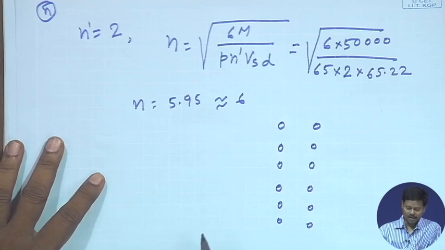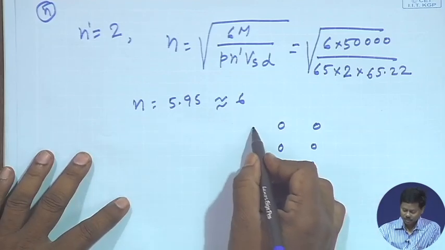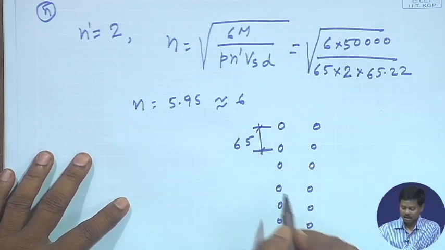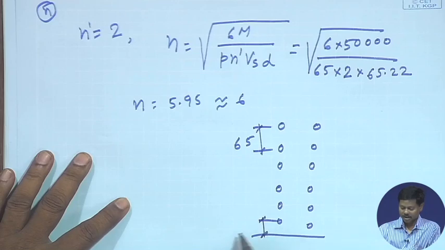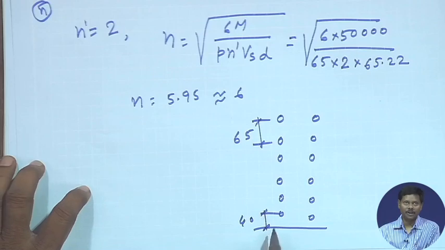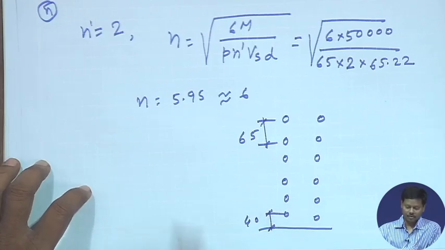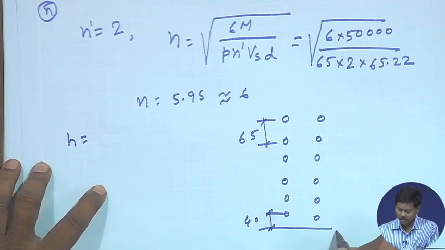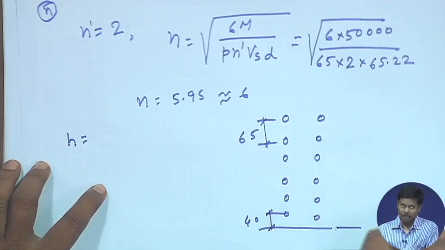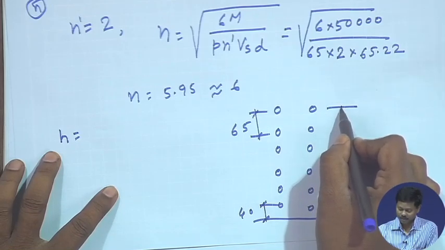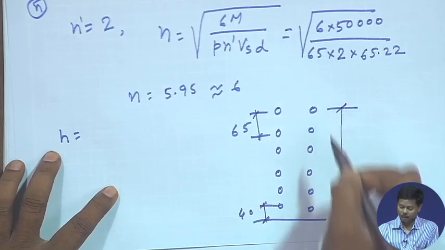If we provide 6 bolts and we know the pitch distance was 65 and the edge distance was considered as 40 mm, right. So 40 and 65. The H will be the depth from the bottommost bracket to the center of the topmost bolt.